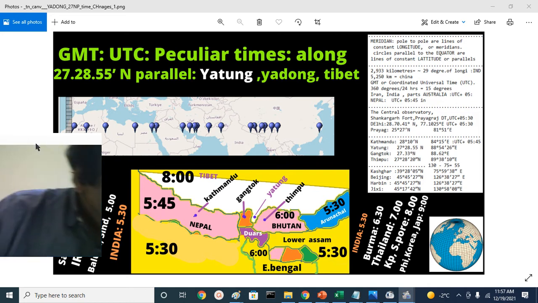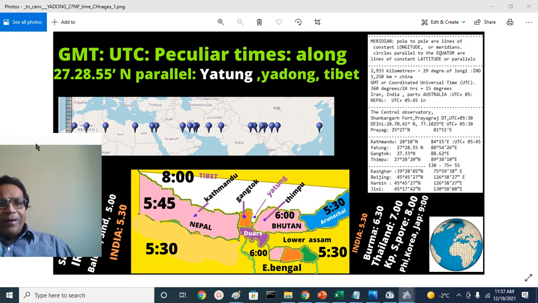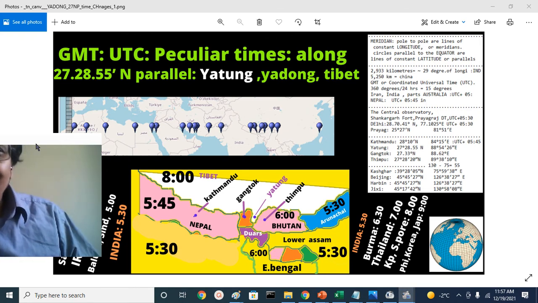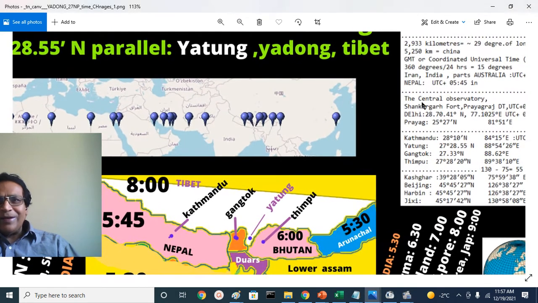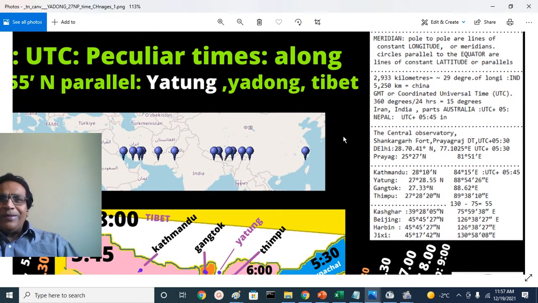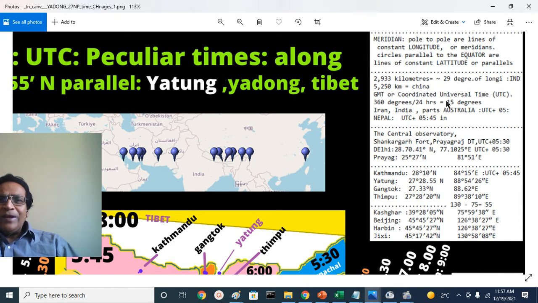So this is the globe you have. The globe has around 360 degrees around the equator, and there are only 24 hours on the planet Earth that today we have divided. That means if you take 360 divided by 24, you get 15 degrees.